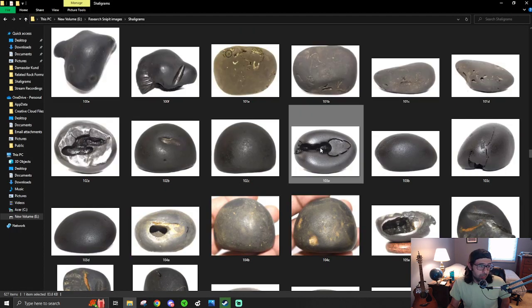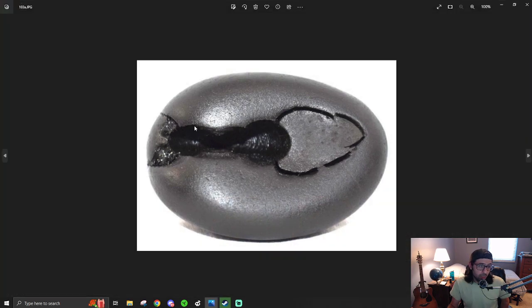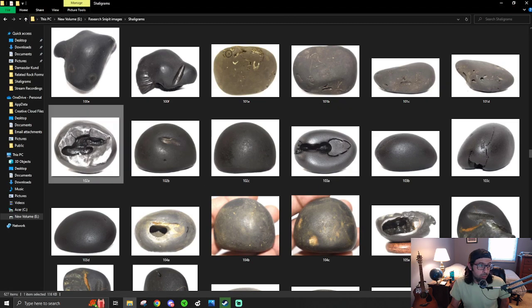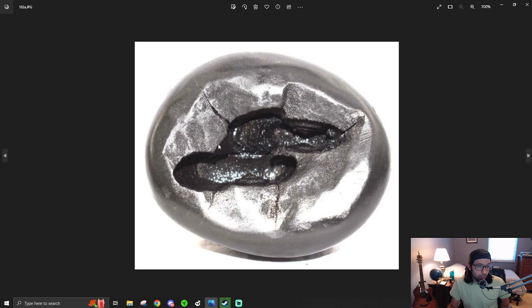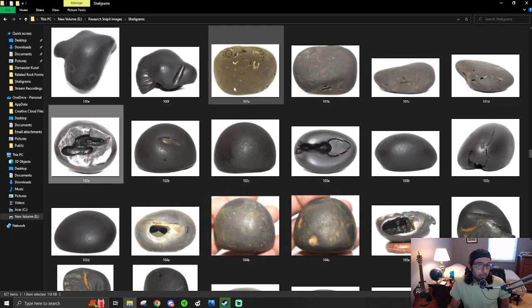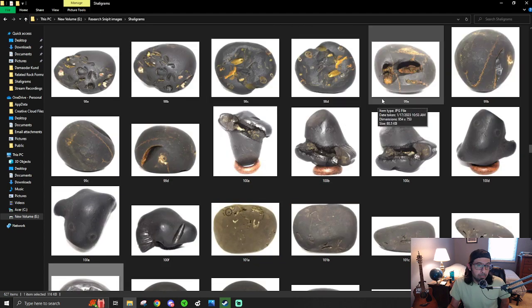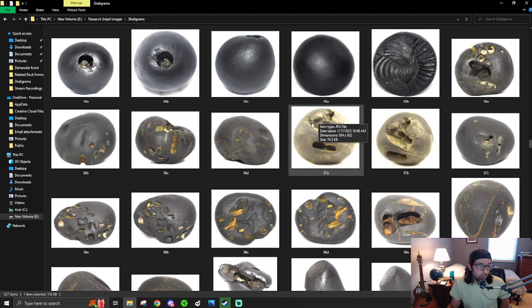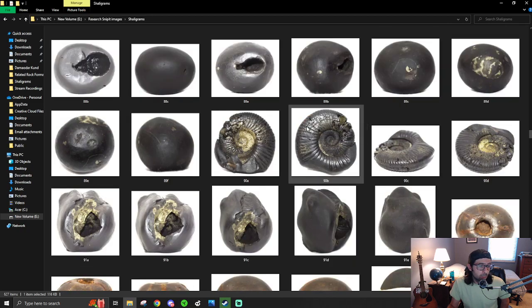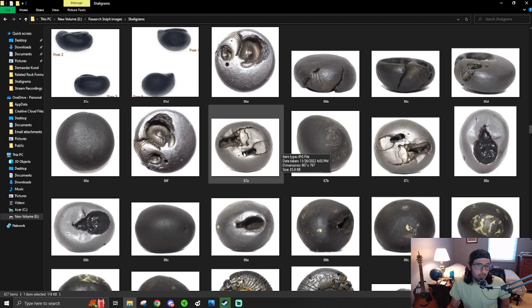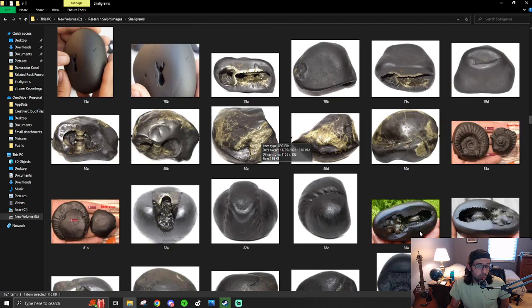That one's maybe not the best. Here we go. This one has a smaller lobe but larger, so it just tends to have that imbalance in the lobes. Here, smaller, larger, smaller, larger. Some of them more balanced, perhaps.